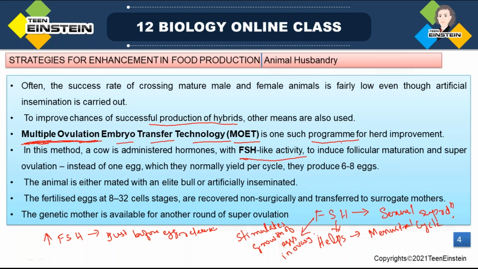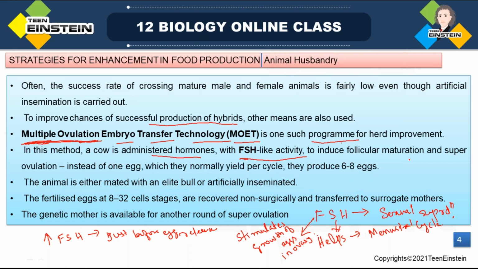So here we can see in this method, we said FSH-like activity. That injection, that administered hormone, will do FSH-like activity. That means it will stimulate the follicle and help in the release of eggs.